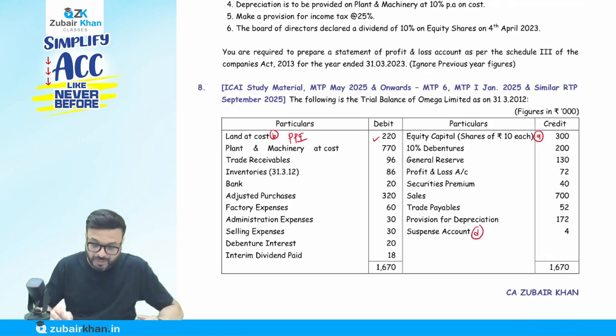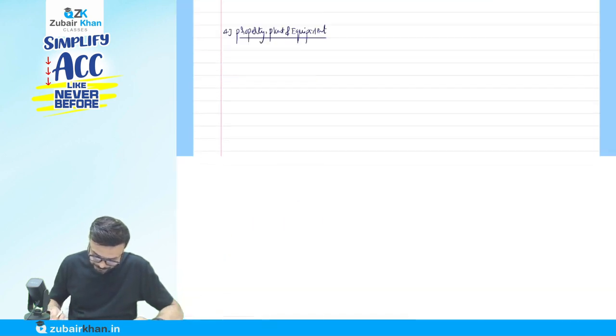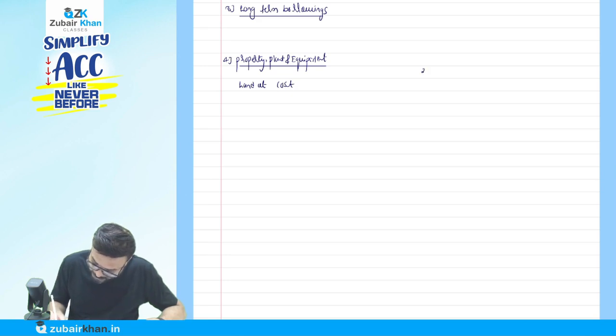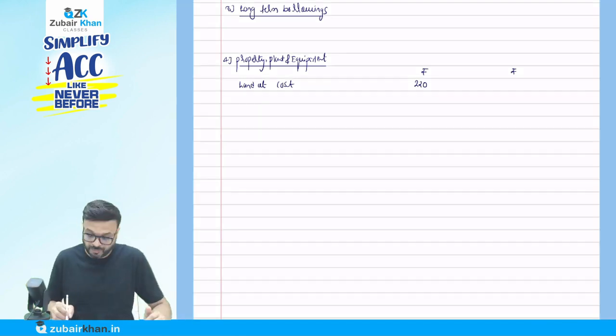Now we have land at cost 220, so it will go to PPE. We have prepared the notes to accounts on PPE, note number 4. Write down the land at cost, 220.